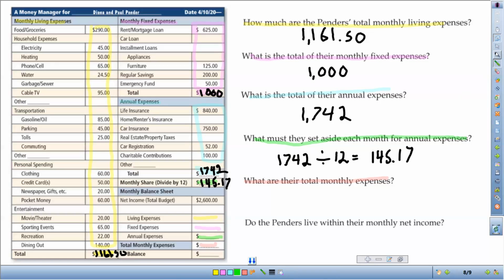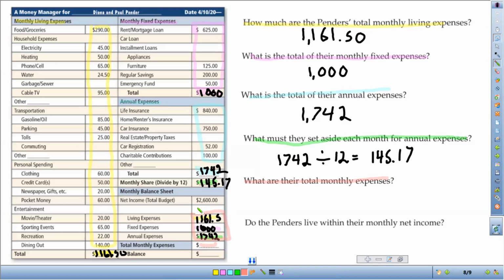We add up all those numbers. So it was 1,161.5, and then 1,000. That's a 0, not a 6. 1,000, and then 1,742. We add up all those to get the total monthly expenses.